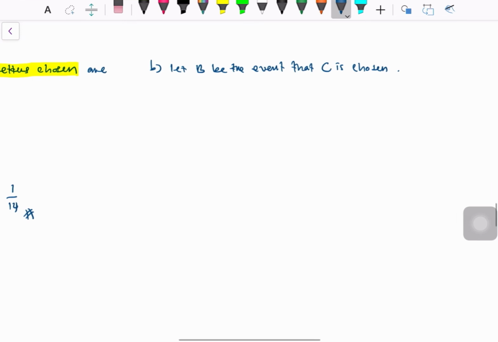To find the total of event B, C is already booked.